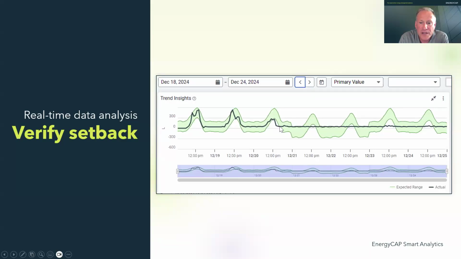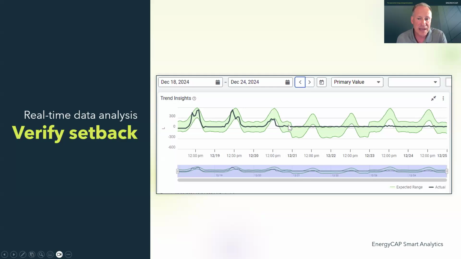And if you notice at some point it changes, but it changes intentionally because what this organization chose to do is they chose to set back their buildings over a shutdown period of time around the holidays. And what's powerful about this is because now we can see the usages change, it's flattened out, and we can compare it to what a normal week would look like.